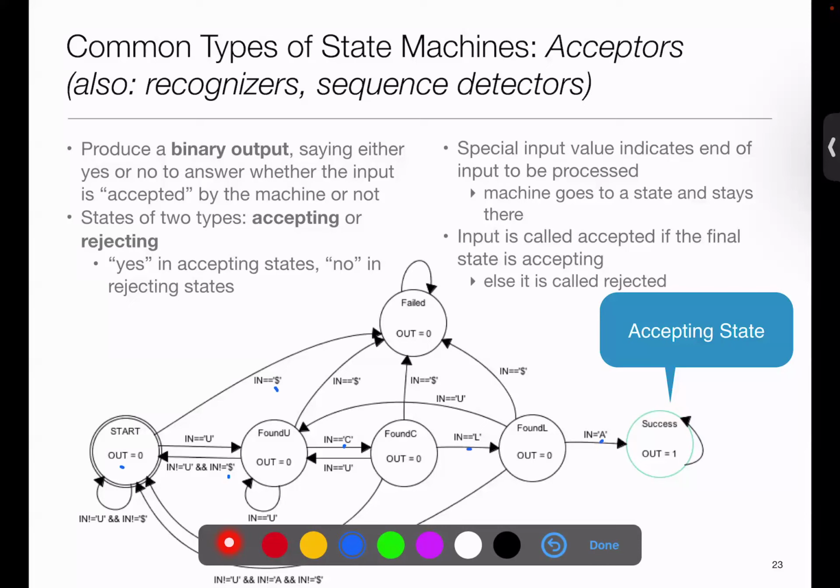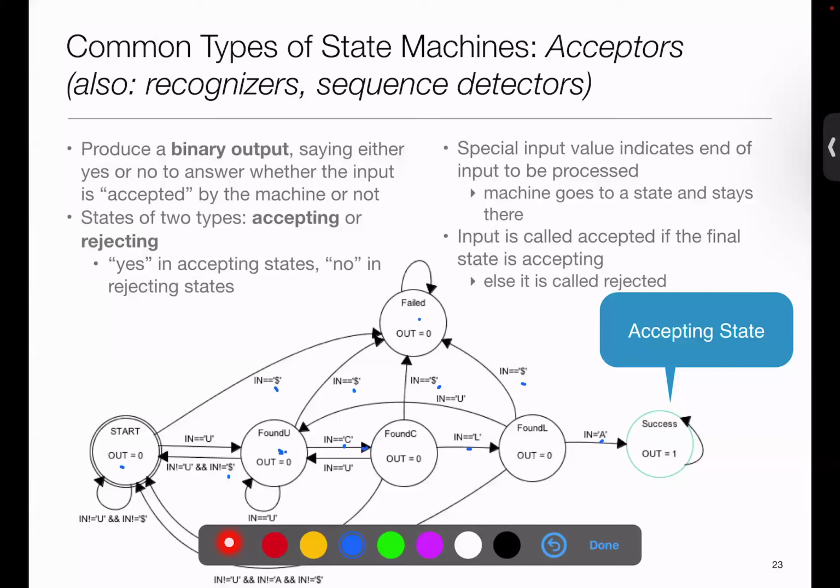And so on and so forth. If I encounter the end of the string, $, then I failed, the string fails to pass, and so we keep the output at 0. If I see UC, and then after C I get a U, then I go back to that state. Otherwise, I go back to start.